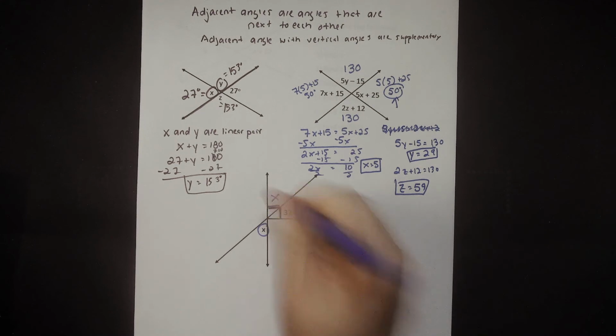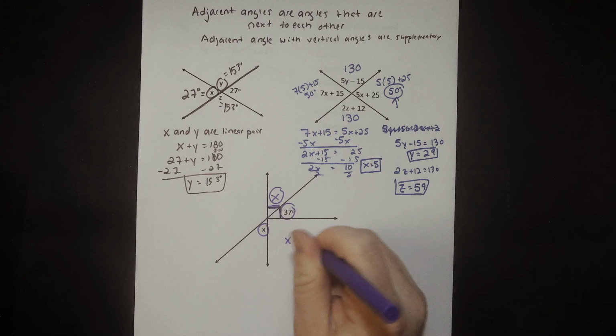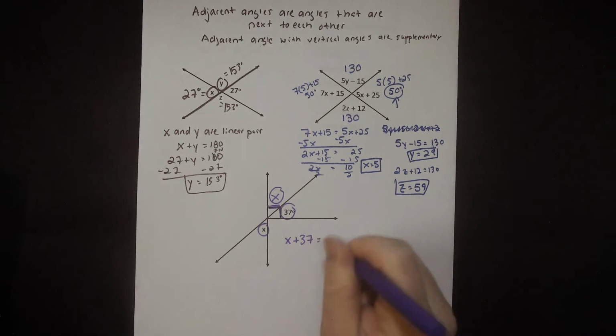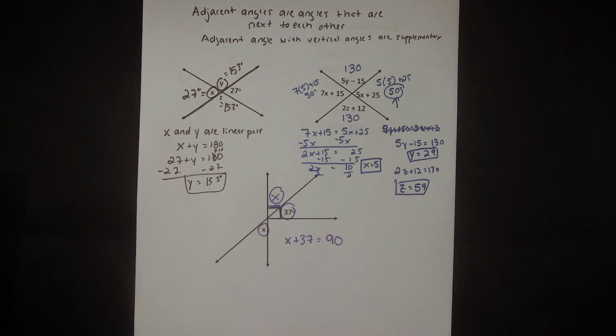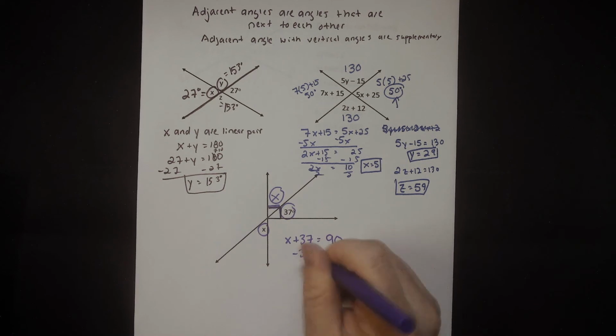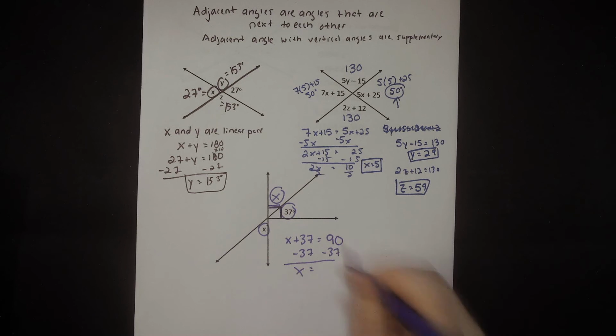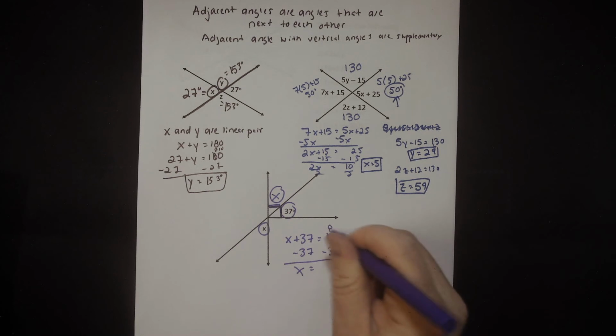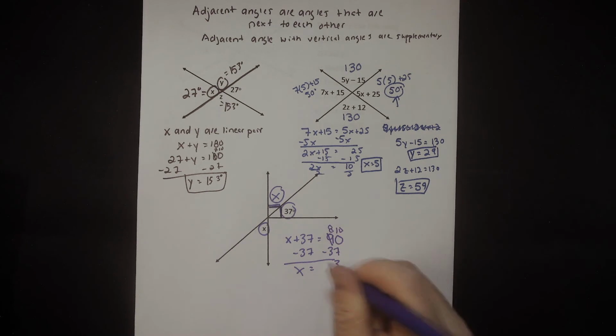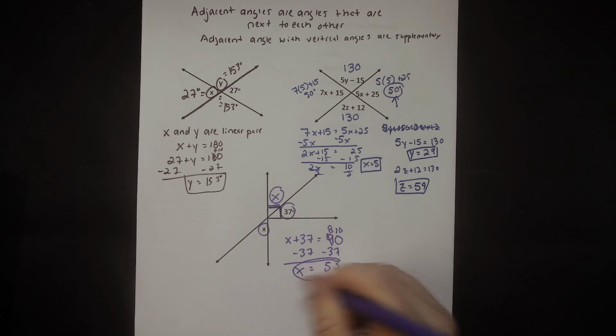So that must mean that this angle here and this angle here have to add up to be 90. So that means that x has to be 53.